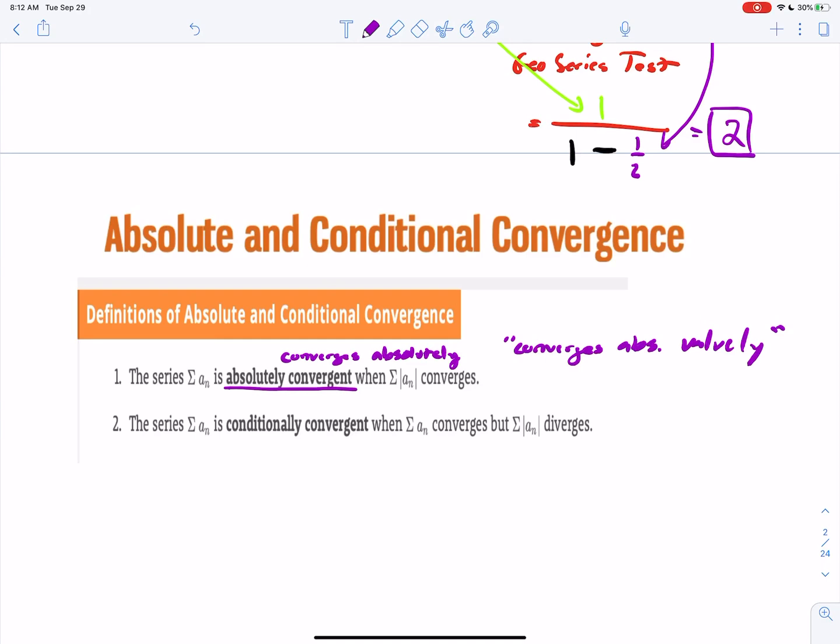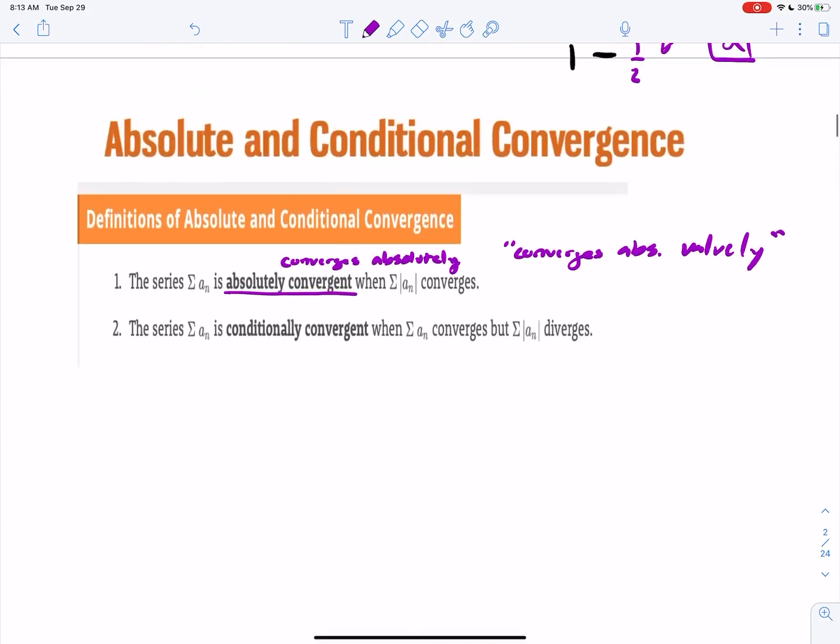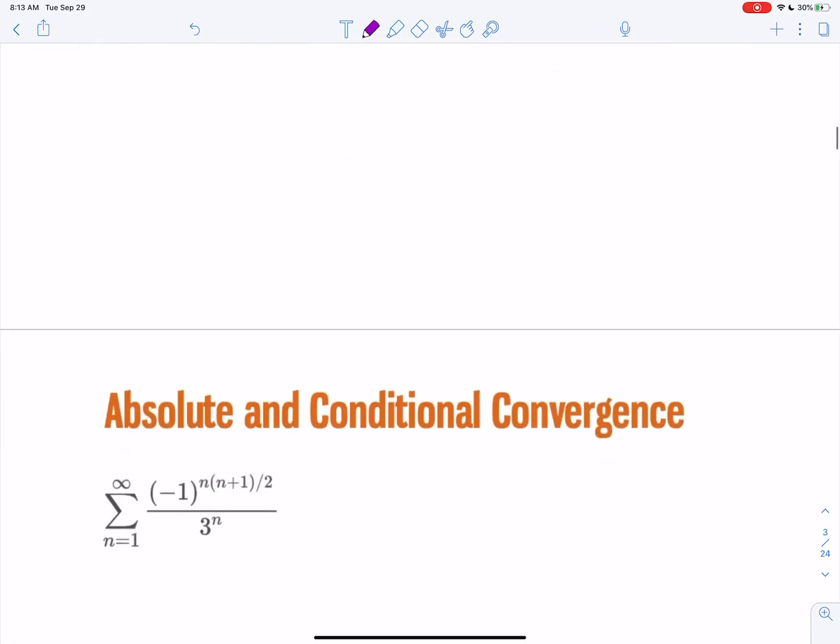So when you hear the word absolutely, think about absolute value. Okay? And then we'll go over conditionally convergent and diverge later, okay? But if something converges absolutely or is absolutely convergent, that means that it converges absolute valuely. Okay? Here's what I mean by that. Make sure you guys write that down, so pause if you need to, but I'm going to move on.